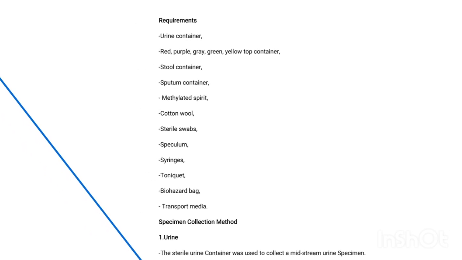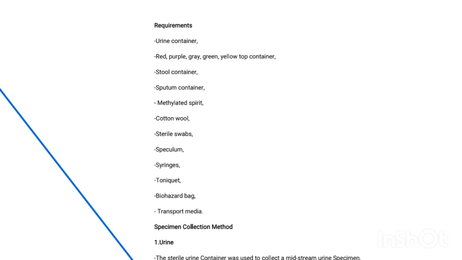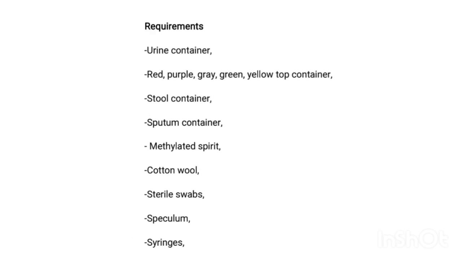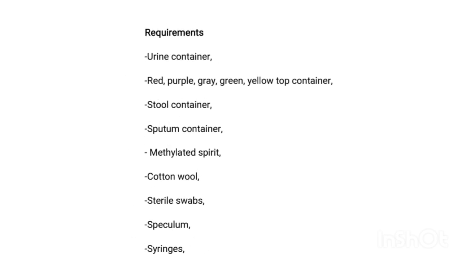So now let's see the requirements of containers and other items that we need to use when we are dealing with specimen collection. Of course, we need the urine container. This is where urine is collected.